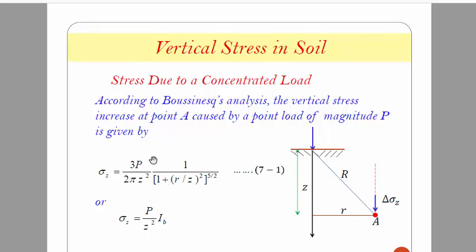Now, sigma z equals P over z square, and the rest of the term is 3 by 2 pi multiplied by 1 divided by 1 plus (r by z) square, raised to the power 5 by 2. This term is known as IB. And what is IB?